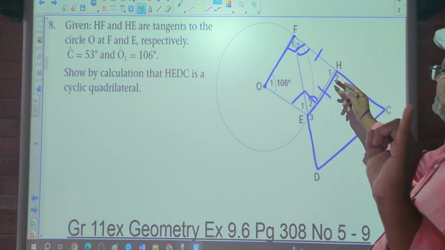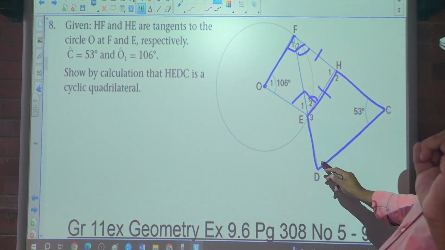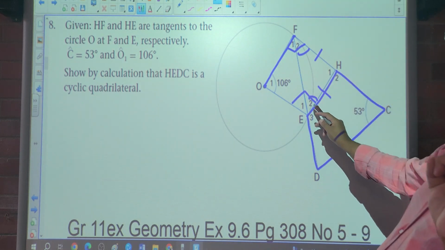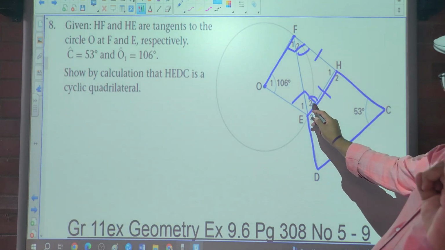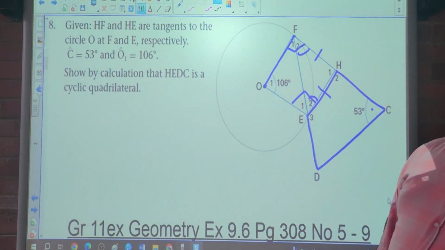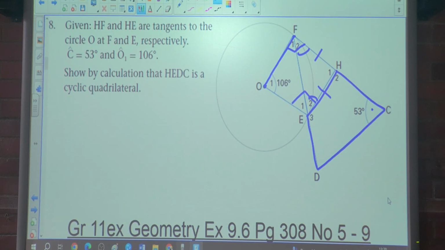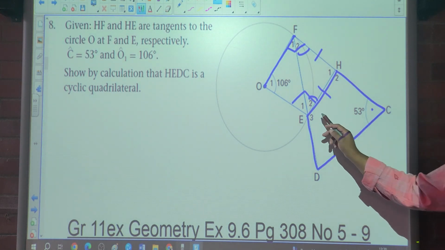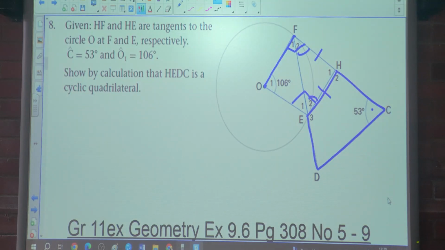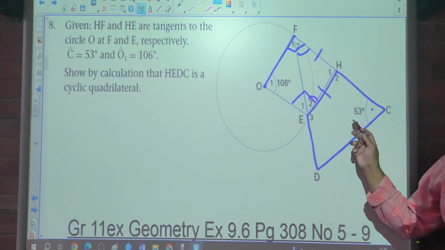First, exterior angle is equal to the interior opposite angle. So if we can prove this is 53, we've done the job. Secondly, opposite angles are supplementary. Or the bow tie, or the butterfly, whatever you guys call it. But there are no diagonals here.